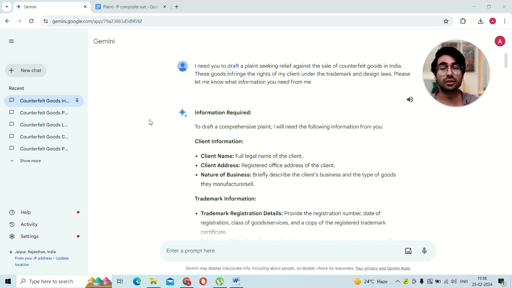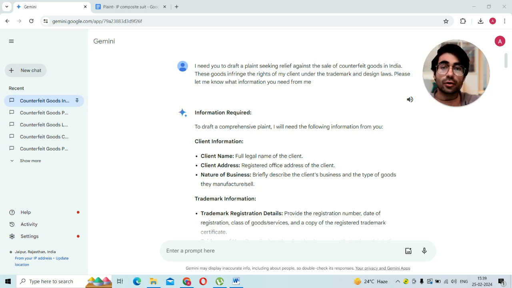Not just the trademark of the brand is used, but the exact design is also copied, which basically attracts a few of the IP laws. So we will be talking about how one would draft a composite IP suit. Not just that, we'll try and understand how we can do that through AI, right?